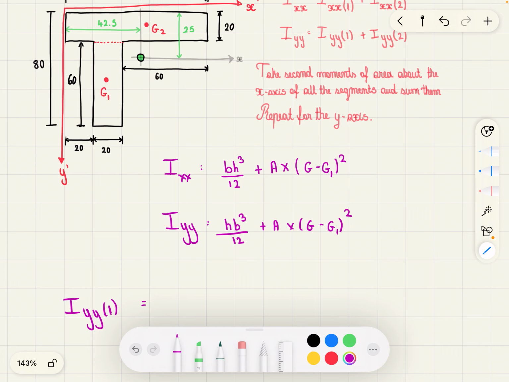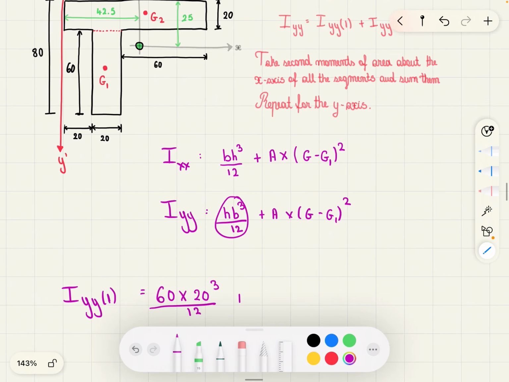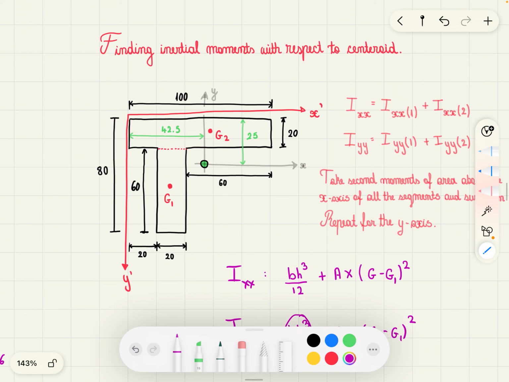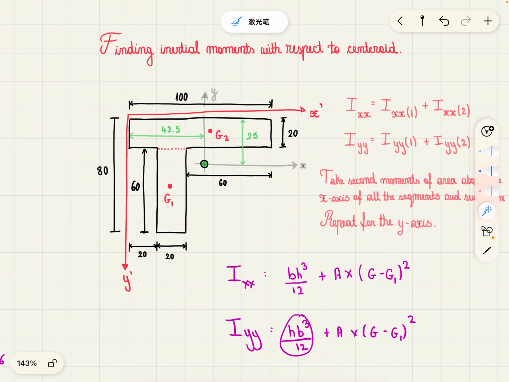So for shape 1, height, which is 60, times my base, which is 20, cubed divided by 12, plus the area of 60 times 20 multiplied by the distance between G1 and G2, which in this case is from here to here.